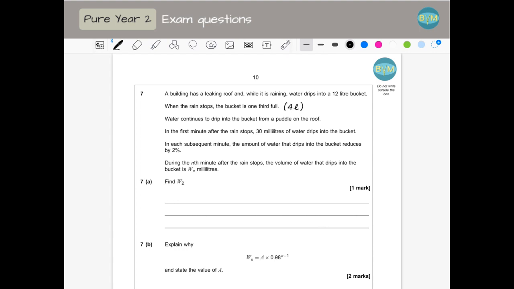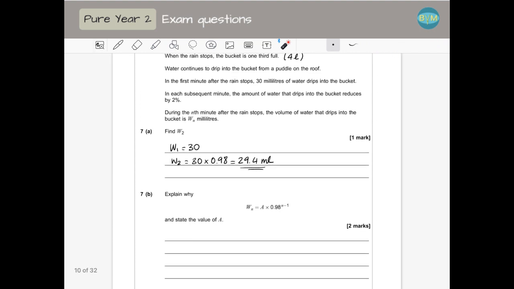The first value is 30 milliliters. The second value is reduced by 2%, which means I'm going to multiply that by 0.98, which is 29.4 milliliters. So this is the second value.